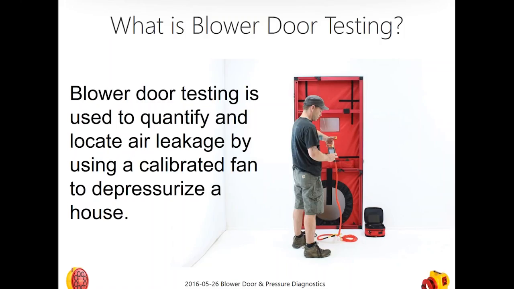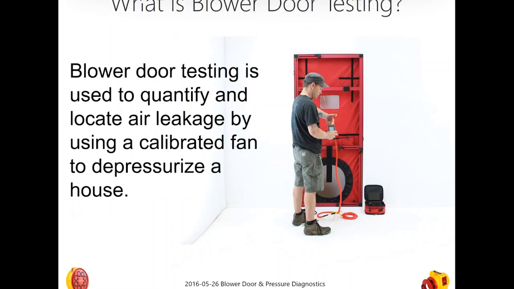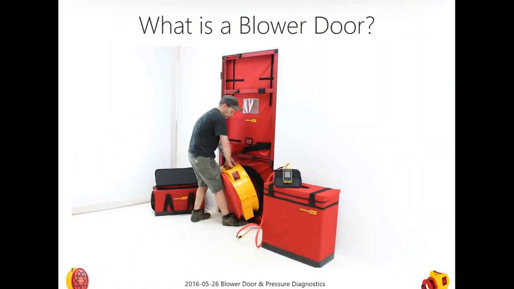Pretty simple. Of course, we test to a specific standard depending on who you are so that we can compare one house to another, and that's when we're testing to quantify. But oftentimes when we're testing to locate air leakage or doing quality testing, we don't need to.